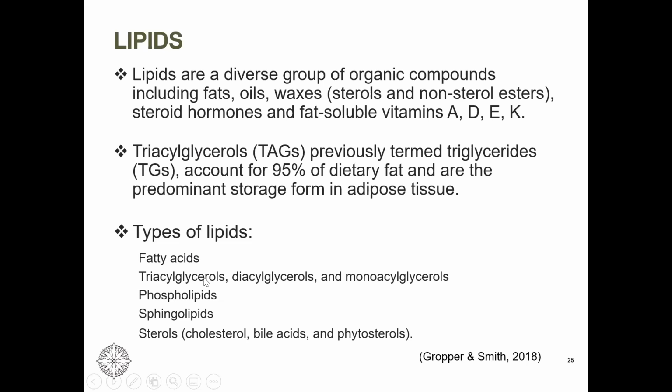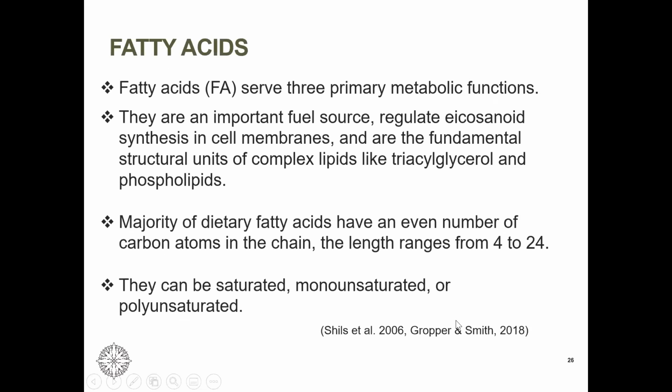Different types of lipids in our body: fatty acids, TGs, phospholipids, sterols, etc. And we know how important they are. They are not only a fuel source for our body, but they regulate eicosanoid synthesis. Has anybody heard this name before?